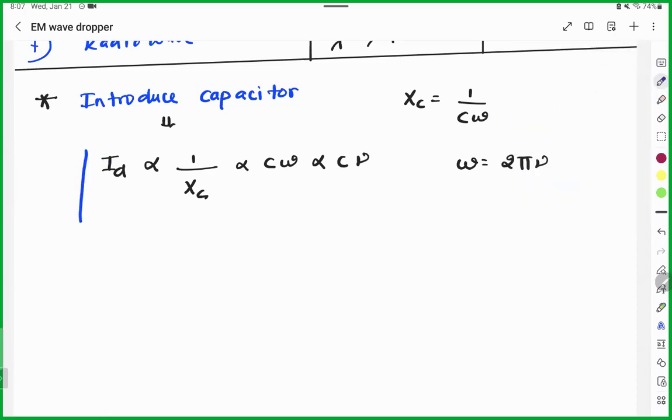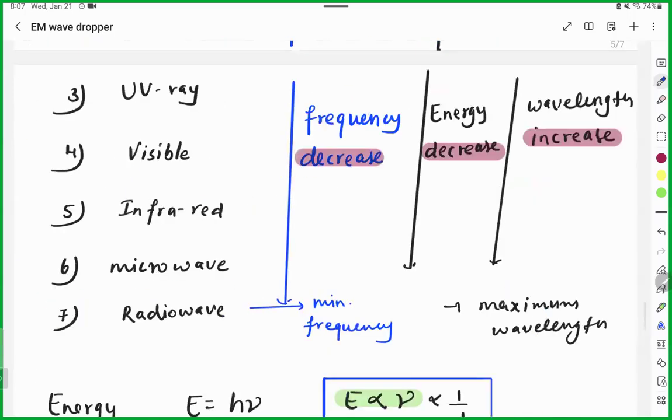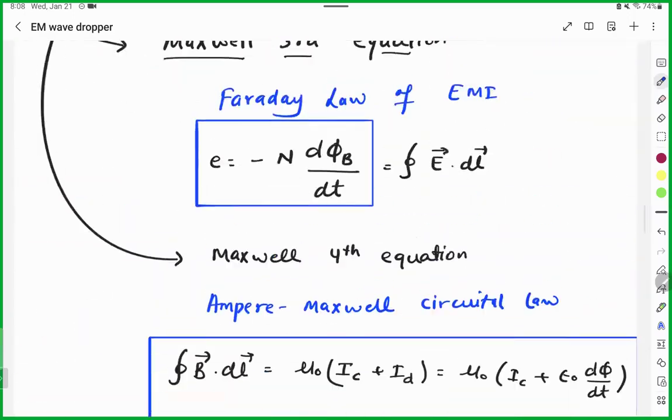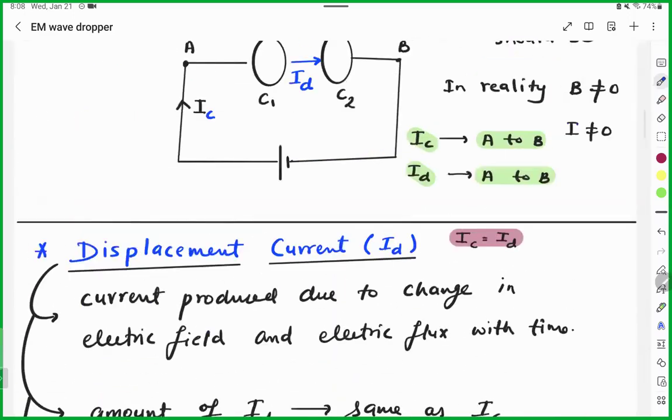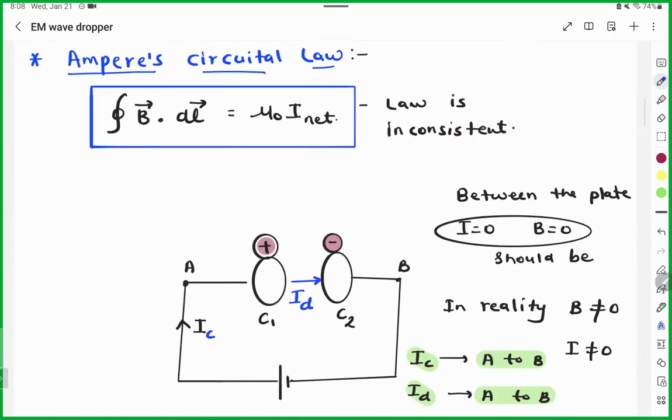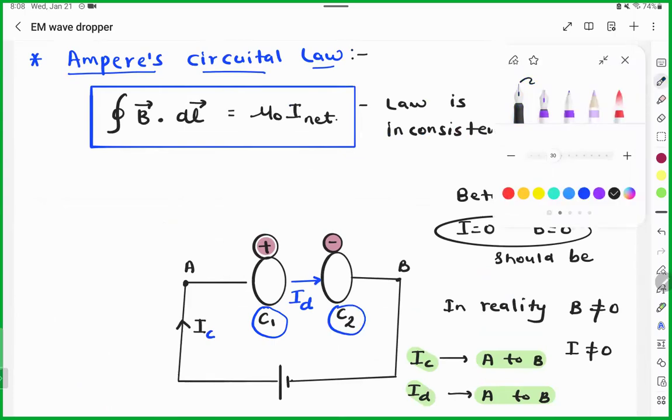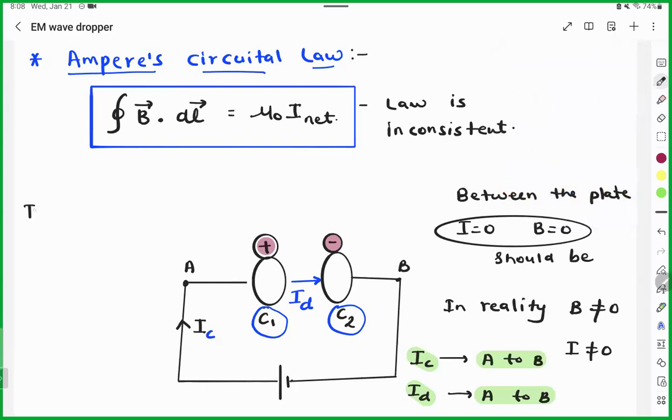Now it depends what question is asked and how you can correlate it in this particular topic also. Here you have a capacitor, and in a capacitor your X_C is equal to 1 by C omega, or 2 pi nu.